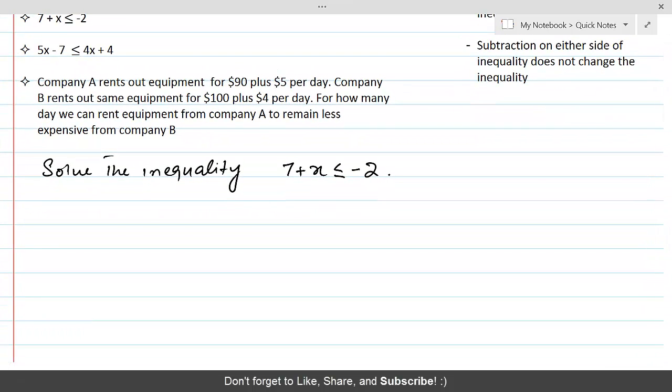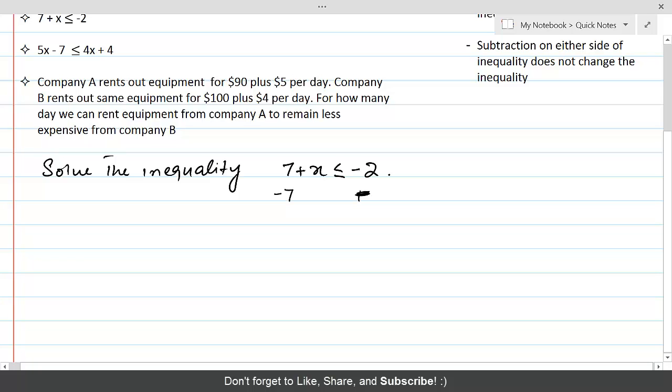Here we will need to isolate x, and for that purpose we want to get rid of this 7 on the left hand side of the inequality. And how we get rid of 7 is by adding minus 7 on both sides. So let's add minus 7 on this side as well as on the right side.